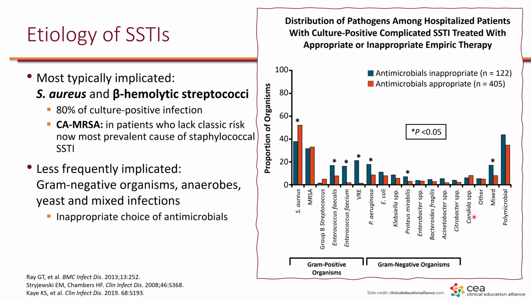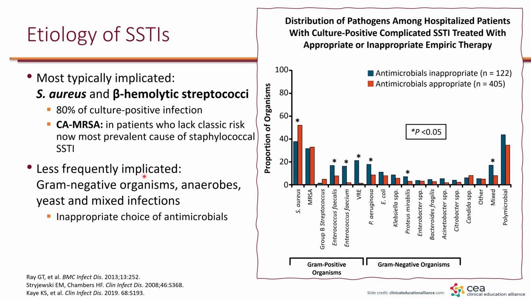And sadly, when you compare inappropriate antimicrobials to appropriate antimicrobials for Staphylococcus aureus, a good portion of treatments have been inappropriate, meaning no coverage, either due to resistance or due to inappropriate selection of antimicrobials. And the differences were statistically significant.